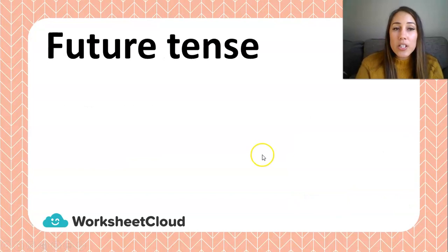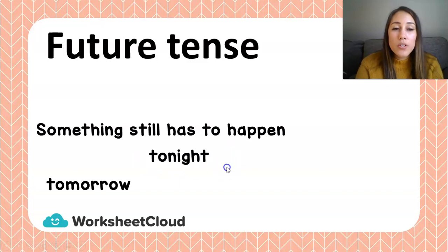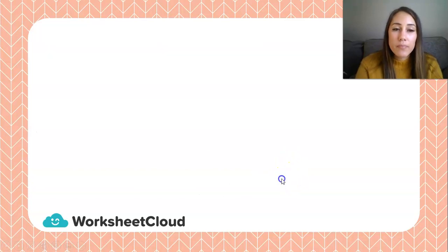Now today we're going to look at future tense, and future tense tells me that something still has to happen. It hasn't happened yet. It's going to happen this evening or tomorrow or next week, so it still has to happen. Tomorrow, tonight, next year, anytime in the future, in 5 minutes.